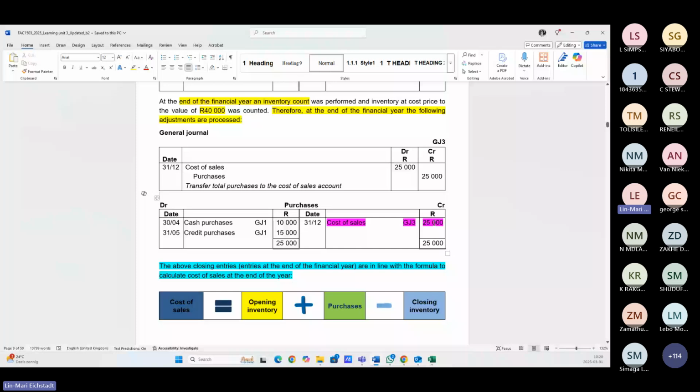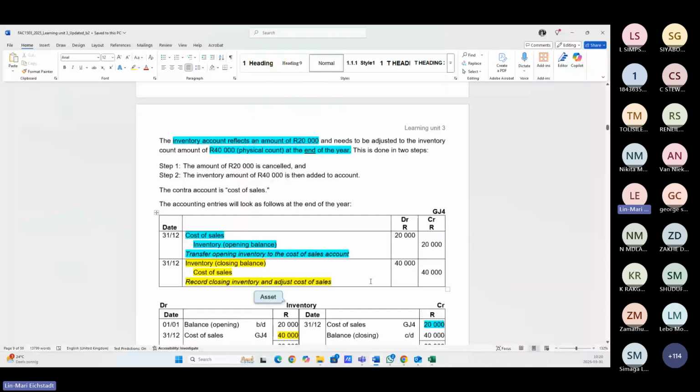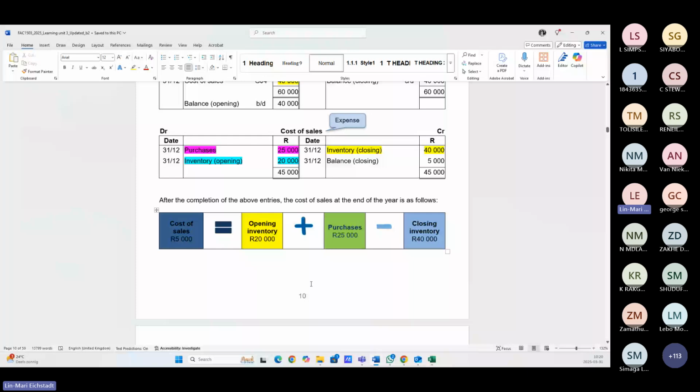It's the portion of purchases that you are taking to the cost of sales account to enable you to determine what your cost of sales is. So you need all three of these: your opening inventory, your purchases for the year, and your closing inventory for the year to be able to deduce what your cost of sales is, the 5,000.